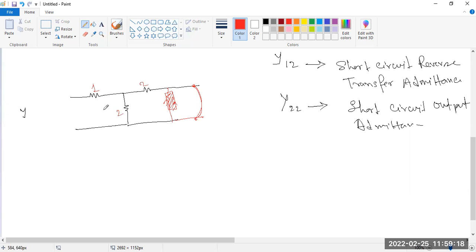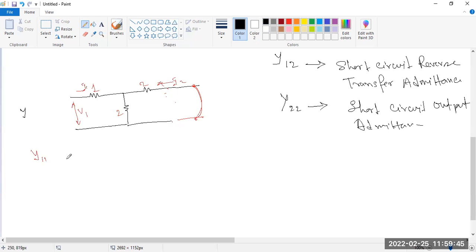So only this circuit remains, and I can remove this. This is V1, and the current flowing is I1, and this is I2.